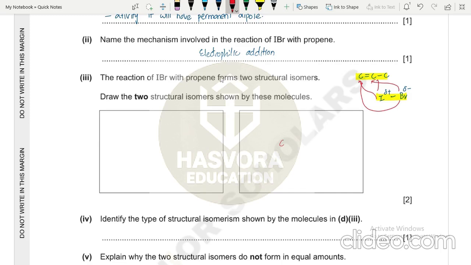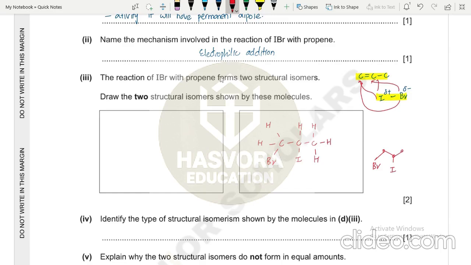This will be H, and this one will be H, then we have C, I, H, and the last carbon H, so the structure will be like this. You can also form the skeletal formula, which will look something like this. This will be Br, this is one carbon atom, this will be the second carbon atom with the iodine group, and this one will be the third carbon atom.